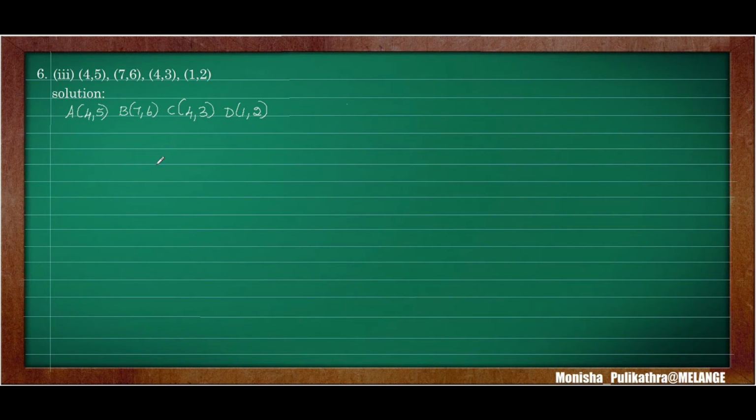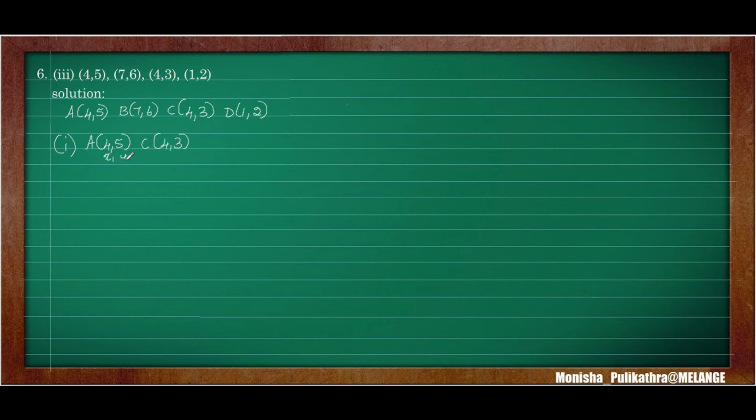Moving on to the third sub question. Here this is the second part. This is the continuation part of the third question. We have already found out the value of AB, BC, CD and AD. Now we need to find out the value of AC and BD, that are diagonals. So first one is AC. A is (4, 5) and C is (4, 3).